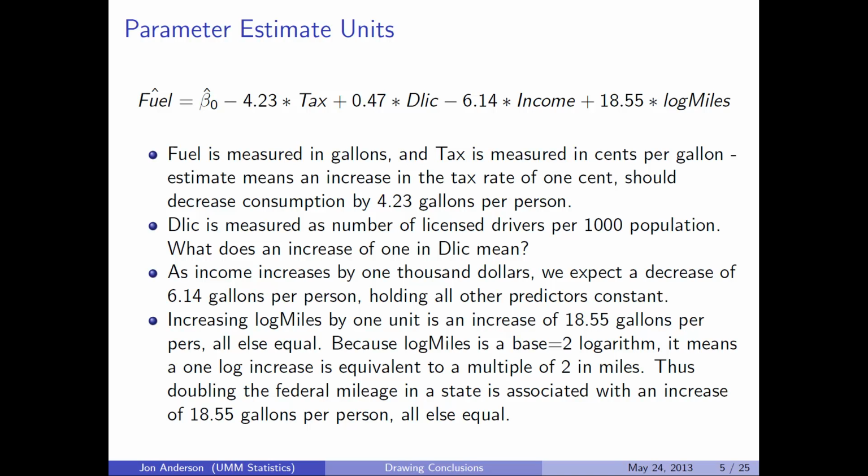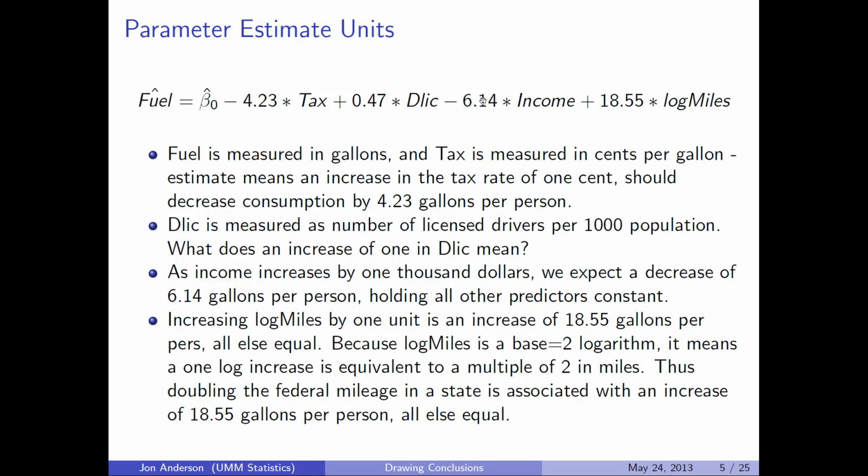I think the purpose of this overhead is to get you to think about what are the units of a coefficient like negative 6.14. What are the units here? Well, if fuel is measured in gallons per person, and ultimately we have to get back to gallons per person, and this negative 6.14 is being multiplied by a dollars number, that means that this coefficient has dollars in its denominator.